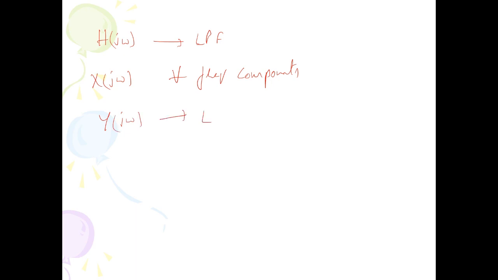Suppose H of j omega is a low pass filter. The input X of j omega has all frequency components, so the output will have only the low frequency components because it is multiplied by H of j omega.